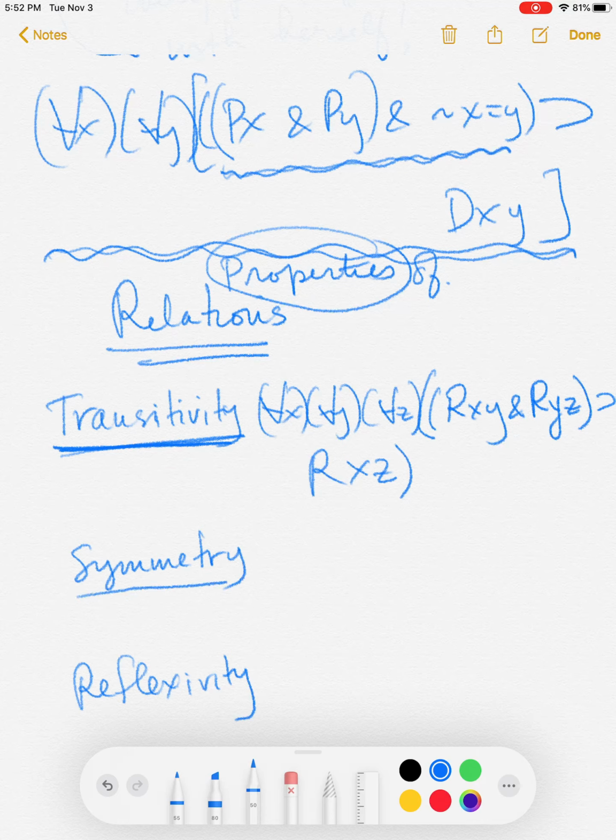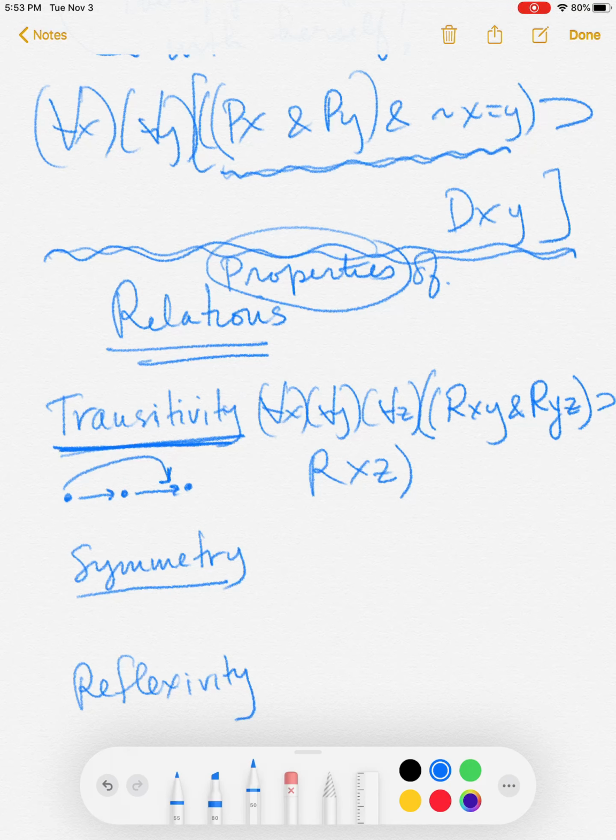Basically you're saying, if you've got this guy who bears it to that guy, and this guy bears it to that guy, well, to say that it's transitive, this guy's got to bear it to that guy. Okay?